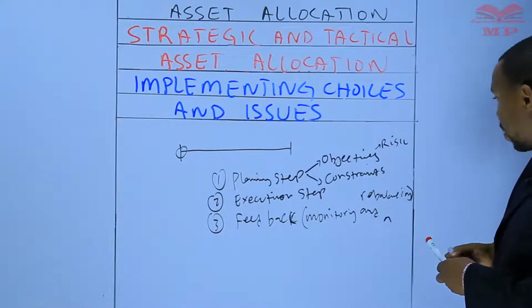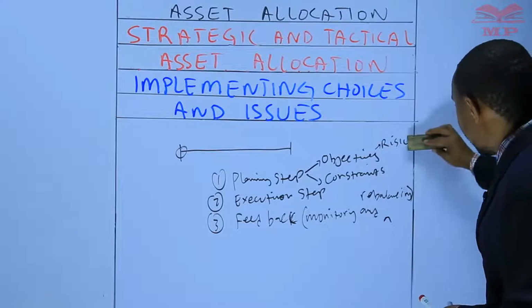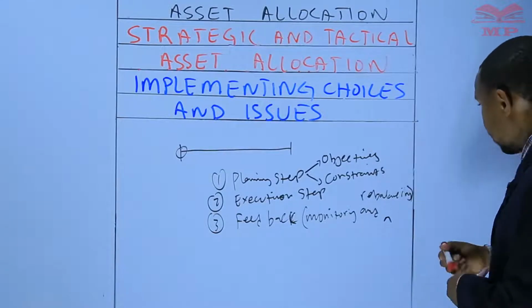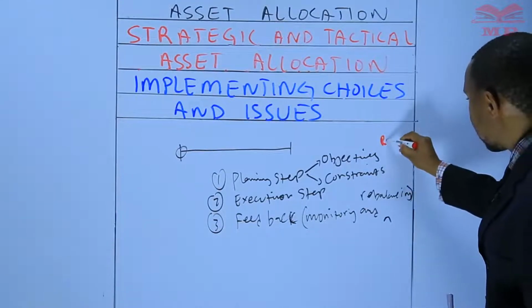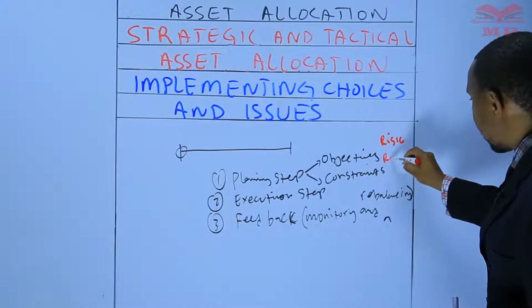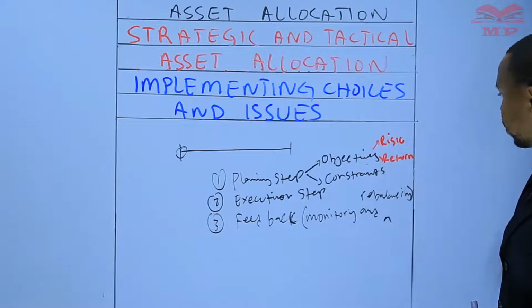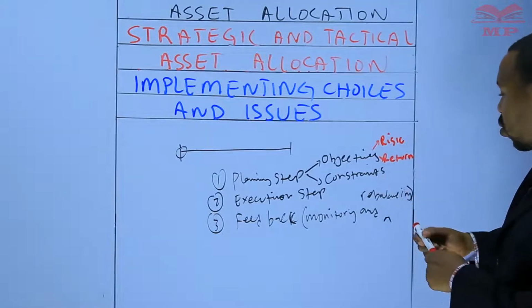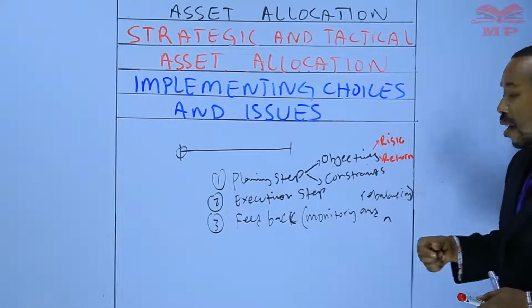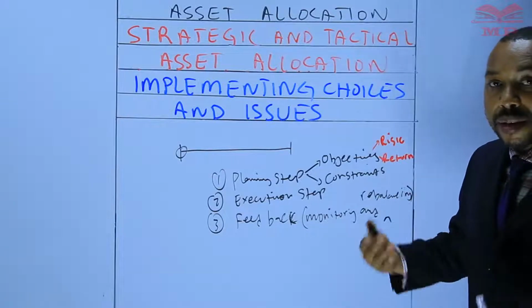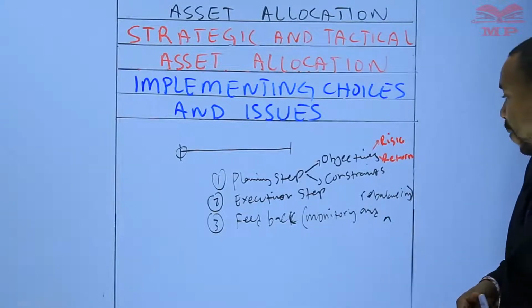Risk, return, that and that there. The constraints include liquidity, legal, time, taxes, and unique circumstances.